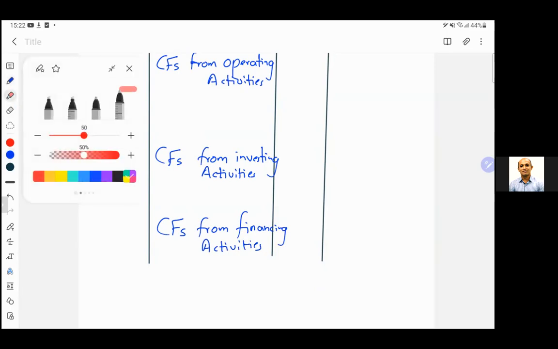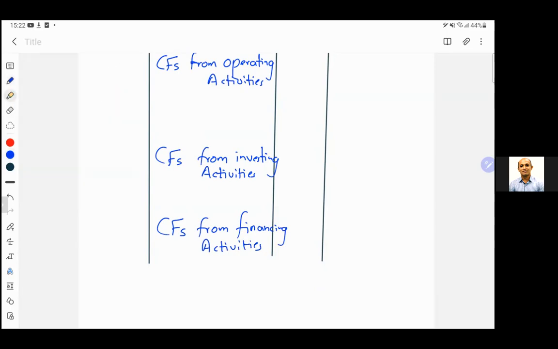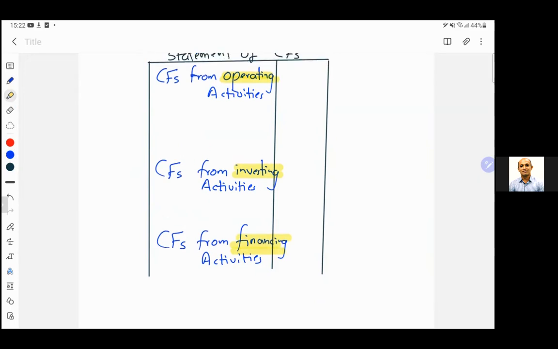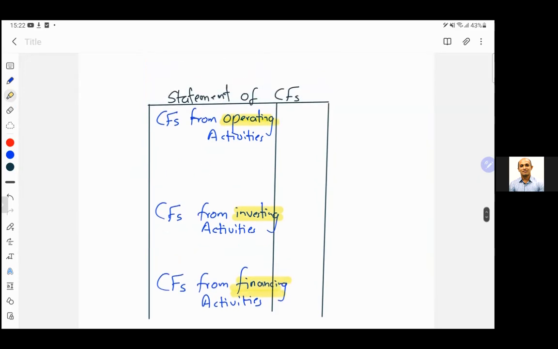Again, operating, investing, and financing. Now you see, the cash flow effects of these three activities you can find from the statement of cash flows. All the cash inflows and outflows related to these three types of activities you can see from the statement of cash flows.